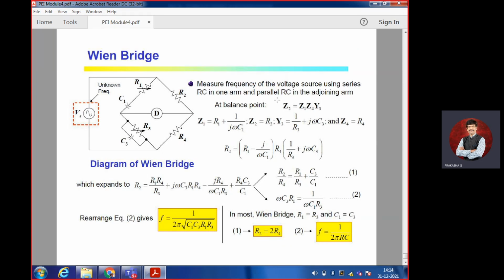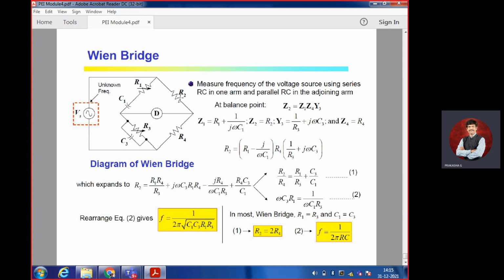The equation at the balance point is Z2 equal to Z1 Z4 Y3. They have not given only R, because it is R plus C, that's why they have taken it as an impedance. Here R1 and C1 both together are Z1.